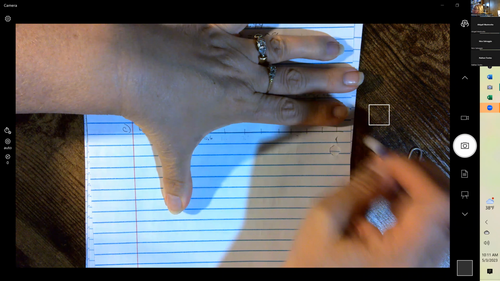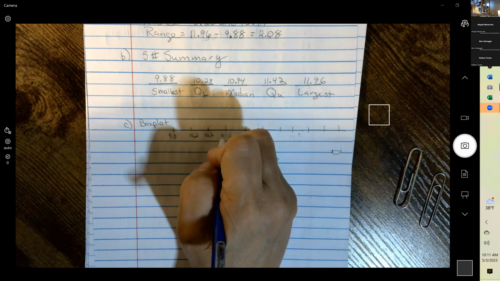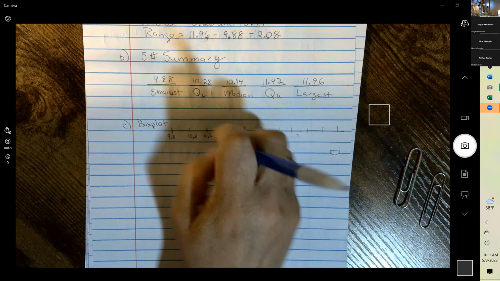I didn't have enough room, so I'm changing my units. 8, 6, 11.